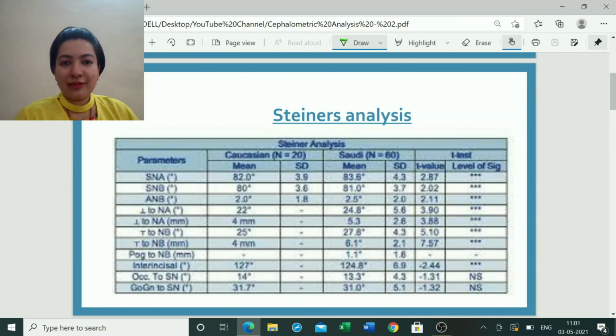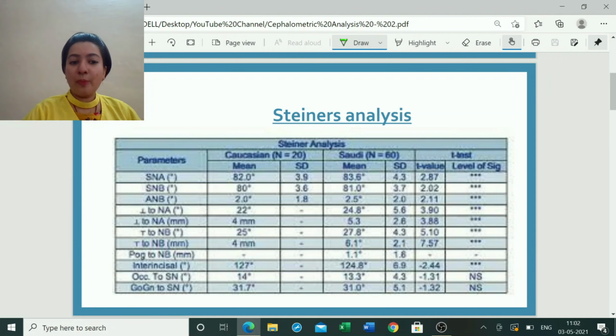Steiner's analysis, I'm sure, is like everybody's favorite because it is simple compared to the other ones. And the first slide which you see here shows all the parameters and the normal values. As I've told earlier, remembering the normal value is important when you are a BDS student, but when you are attempting your NEET MDS examination, if you are a little here and there with your values, that is completely okay because they'll generally mention the values in the question, right?